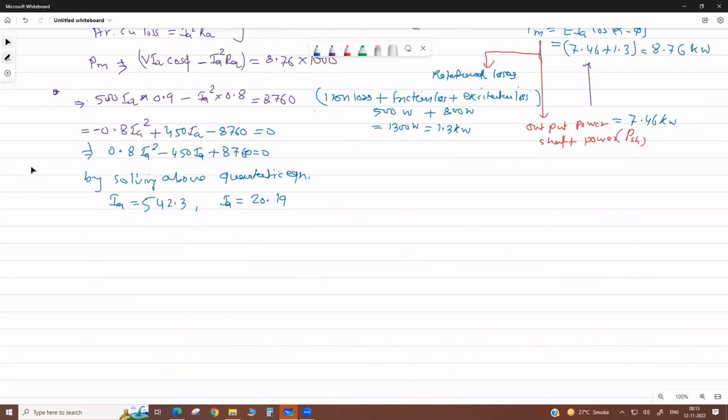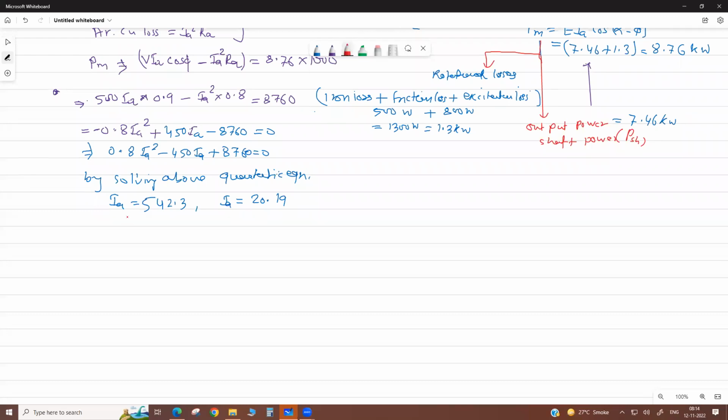Now which value do we take? Here, it is taken from the root mean square value. So here two values come, correct?